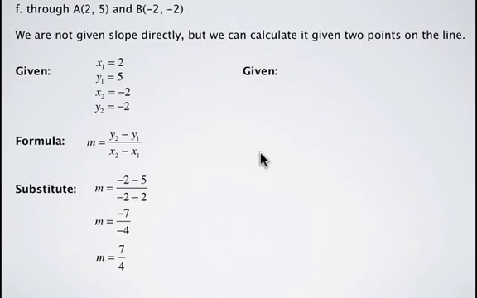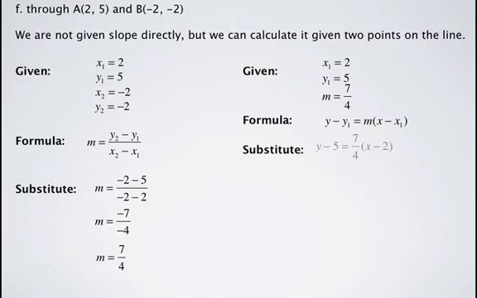And so now we're going to use the coordinates from point A, which are (2, 5). So x1 is 2 and y1 is 5, and our slope we found was 7 over 4. So our formula then for point slope formula is y minus y1 is equal to m times x minus x1.